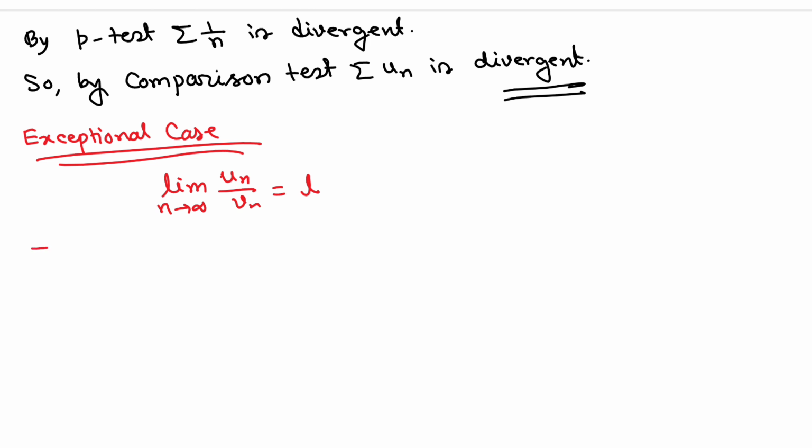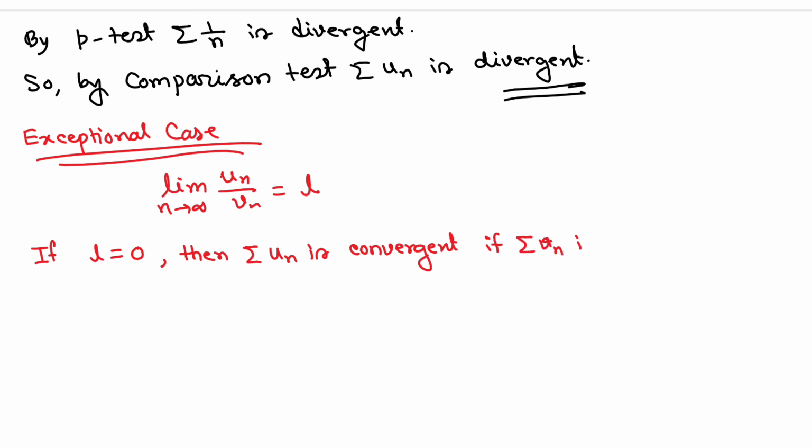Now, what will happen if L equals 0? If L equals 0, then summation un is convergent if summation vn is convergent. Clear?